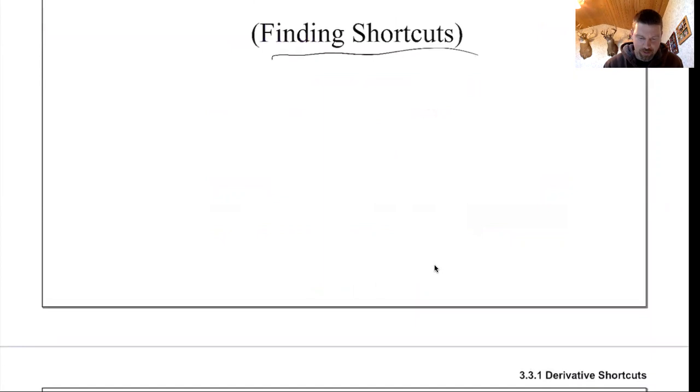fast. So if I gave you y equals x to the fourth plus 3x squared, and I said find y prime, right now you'd probably groan big time because you'd have to use that limit function, right?